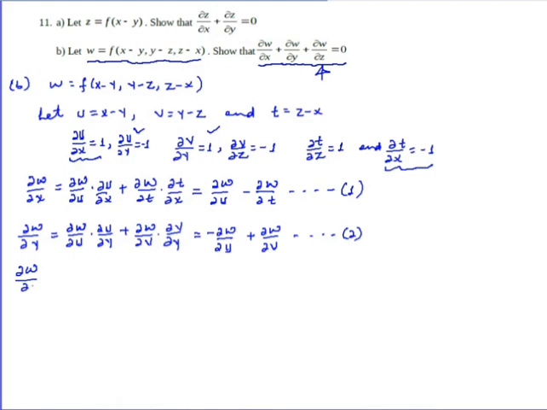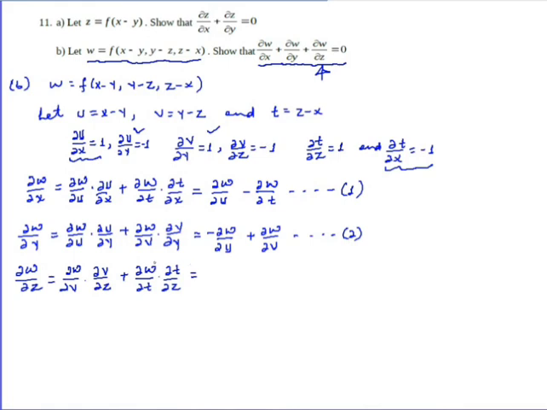And lastly we evaluate the partial derivative of w with respect to z. Again we use the chain rule. Applying the chain rule, this is equivalent to the partial derivative of w with respect to v times the partial derivative of v with respect to z, plus the partial derivative of w with respect to t and t with respect to z.